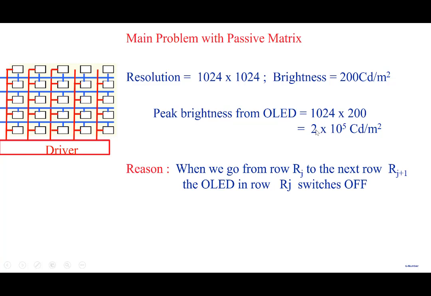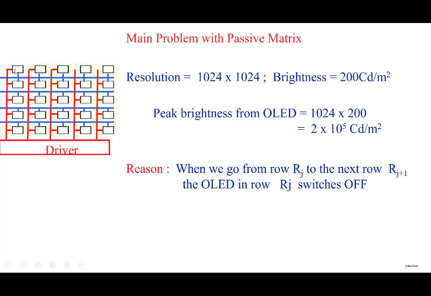And why do you require such a high brightness? Because the data is displayed row by row. First you select a particular row and you light up an LED, and then when you go to the next row, the third row, the fourth row, and the 1000th row, this LED is off.